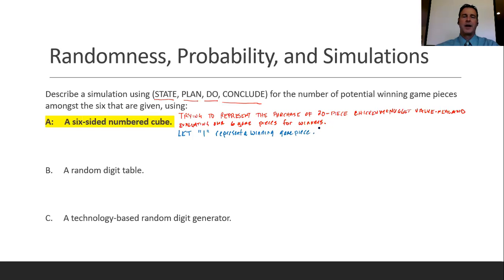The other numbers on the die, which are 2, 3, 4, 5, and 6, represent a losing game ticket. So I'm going to take my die and roll it.